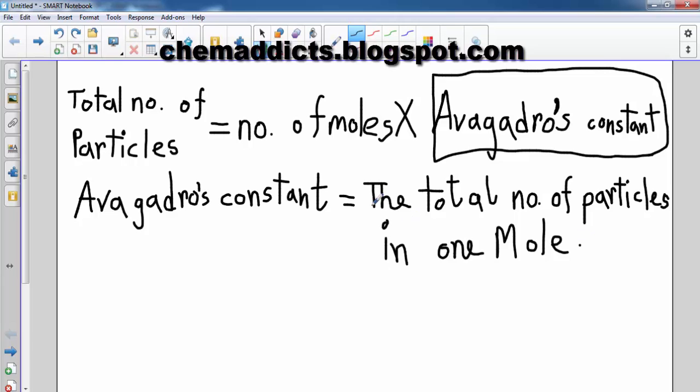Okay, Avogadro's constant is equals to the total number of particles in 1 mole. I hope that you have understood the term Avogadro's constant.